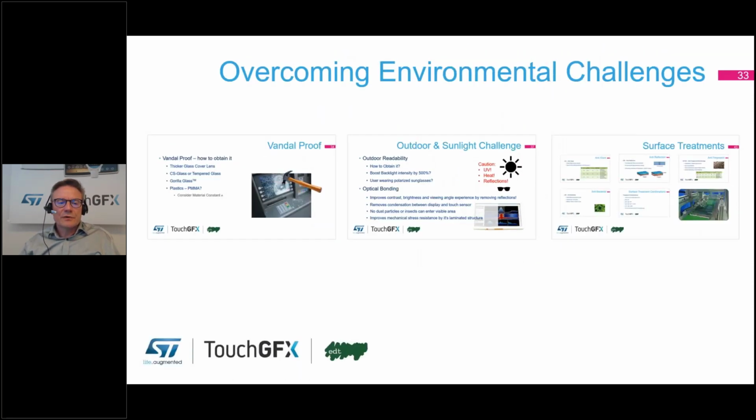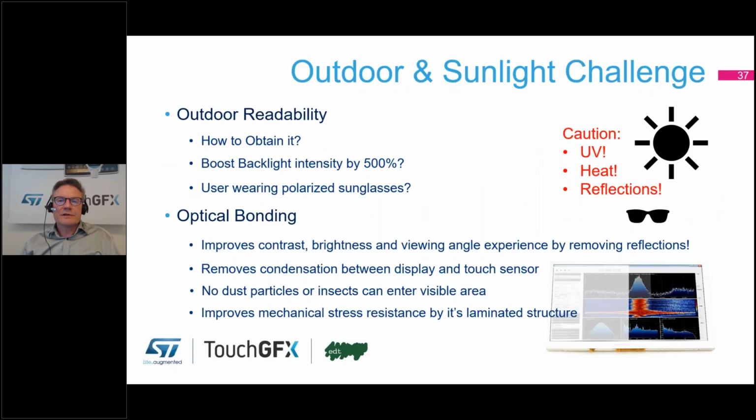And that comes down to outdoor and sunlight availability, which we have touched on a few times. It's quite important. When you are outdoors, you have sunlight, you have UV, so be careful of that. Make sure to protect it. Most displays, TFT displays, contain a UV filtering polarizer, so that's fine.